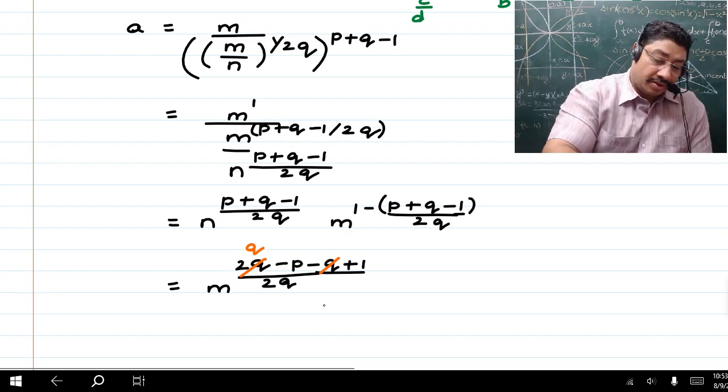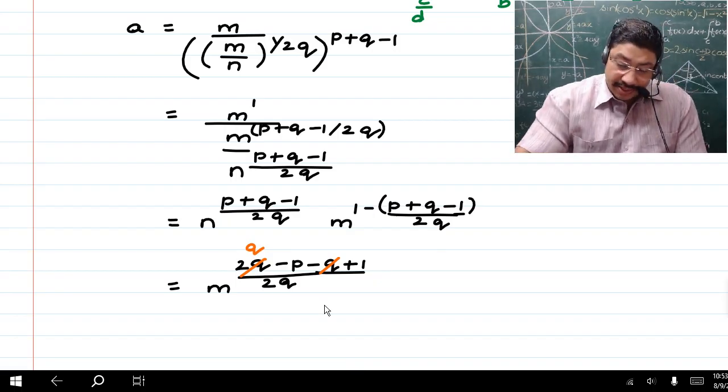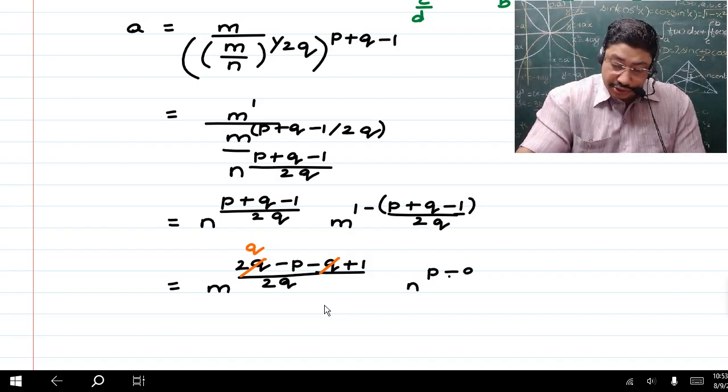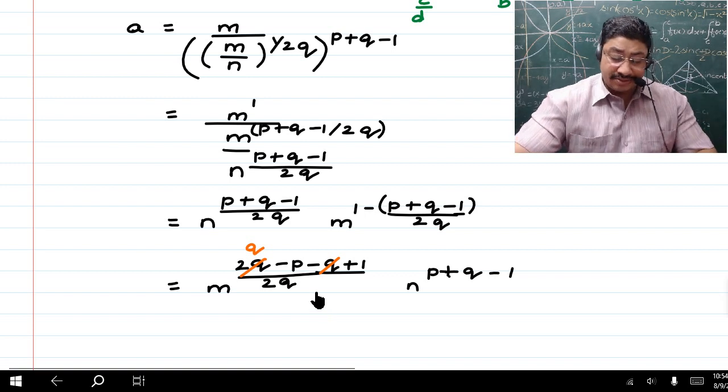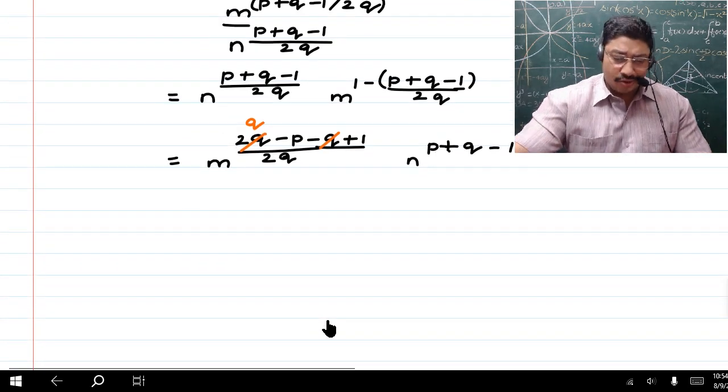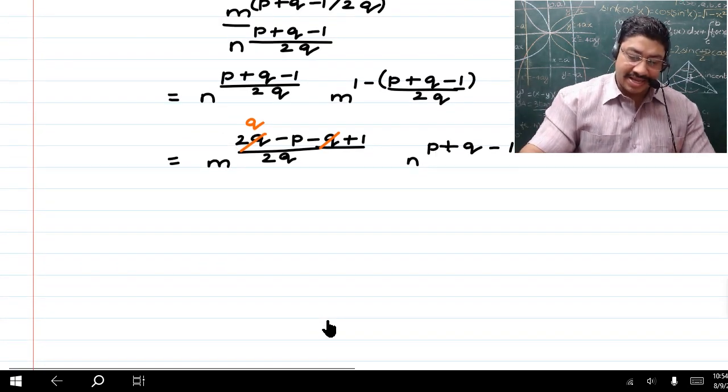Next, now we write what n is going to become, and obviously n will stay the same, that is n raised to the power p plus q, right? And from that is going to be subtracted 1, right? So this, children, is what the power of n is. So we now have our a, although it's a little long, but even then this is what it is.